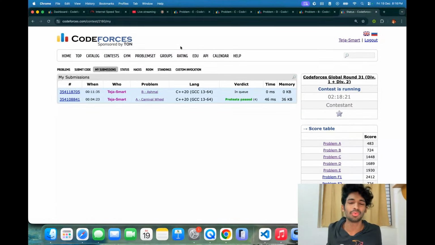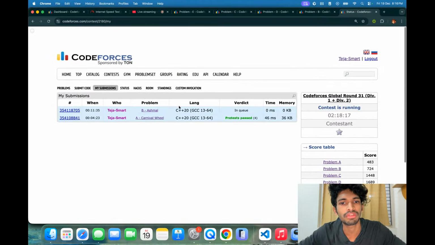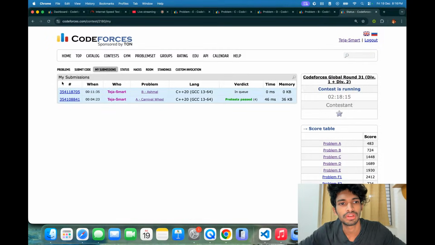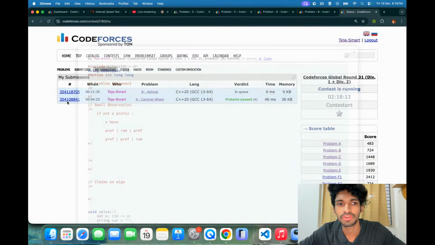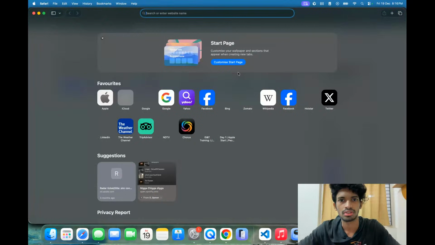Why is it slow? Why is it slow? I mean, we should not be annoyed in the contest, right? How can we solve difficult problems if we're annoyed? I think Chrome has an issue. I'll just go over to Safari or something and check it.